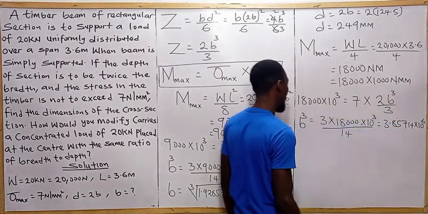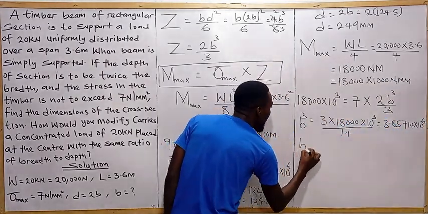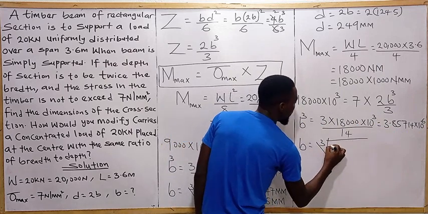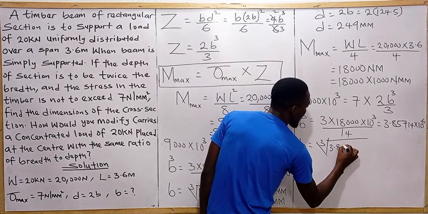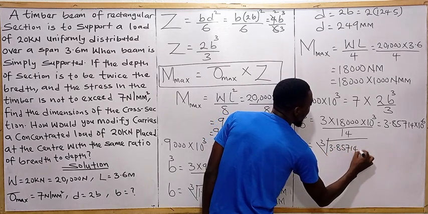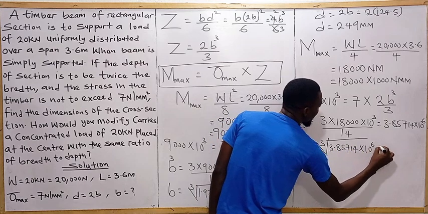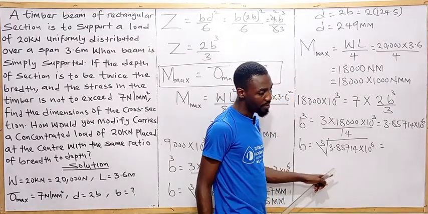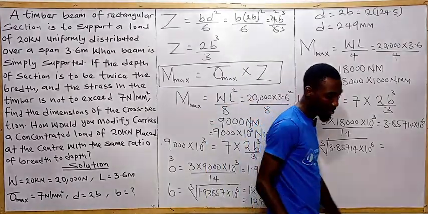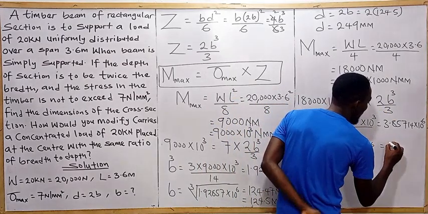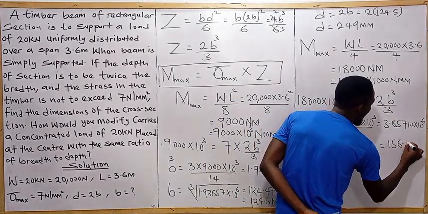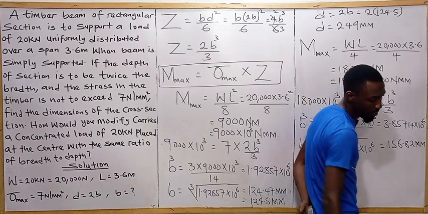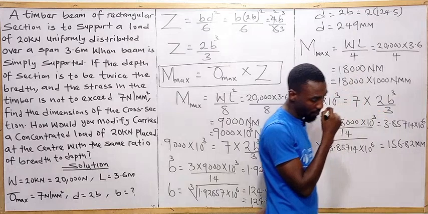If we take the cube root of both sides, B will be equal to the cube root of 3.85714 times 10 to the power of 6. If you press this carefully, our value of B is going to be 156.82 mm.